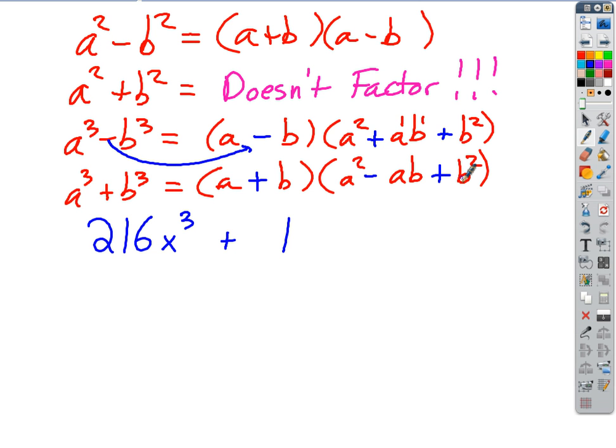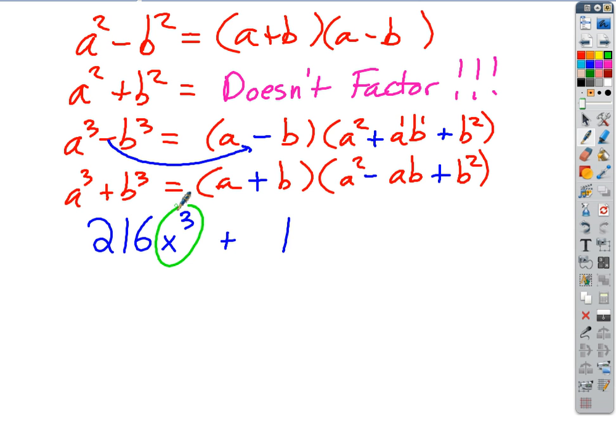Okay, good. So which one of those could work for us? And why? Maybe none of them will, and that'll happen sometimes. Okay, it would. One cubed is one. The 1 could either be a 1 squared or a 1 cubed, but this one really only matches a sum of cubes because of the x cubed.